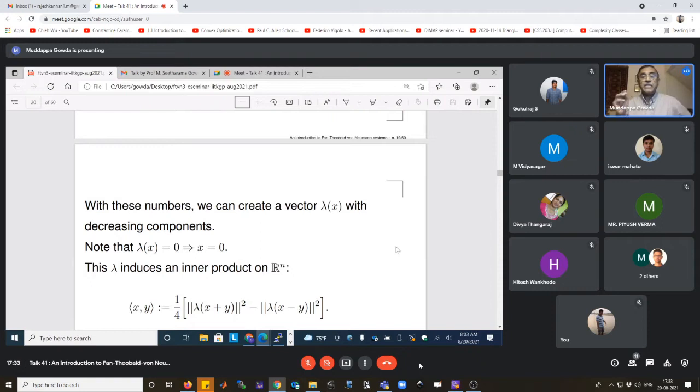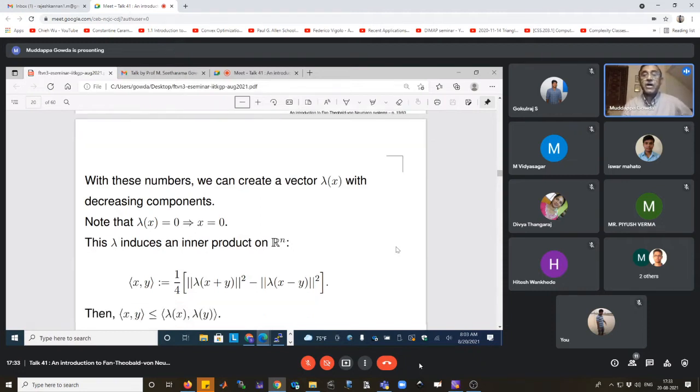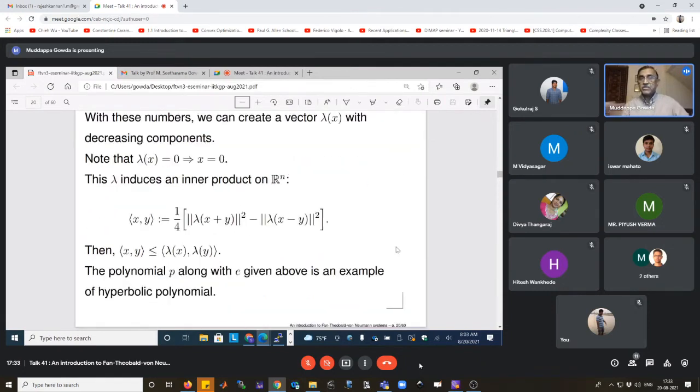This lambda induces an inner product on Rn. Notice that this is all generated by the polynomial p. So start with the polynomial p, start with the specific e, generate this lambda x and use this lambda to define this inner product. Now, how do I know that this defines an inner product? That's a beautiful thing. This is covered in a paper of Bauschke et al., written in 2001. I will mention that reference later on. So you define the inner product x dot y this particular way.